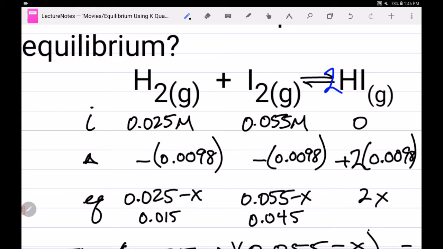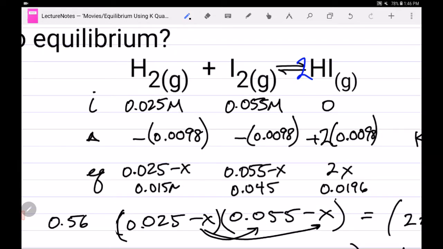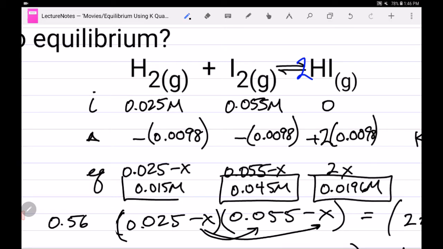And then 2 times 0.0098 would be 0.0196. All of those are perfectly valid answers. So then these would be my equilibrium concentrations, which we would get from solving the quadratic equation.